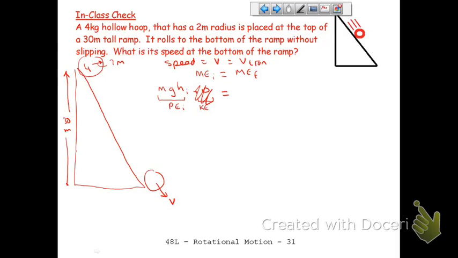And that equals a half mv squared, that's our KE trans final, plus 1/2 I omega squared, and that is our KE rot final.